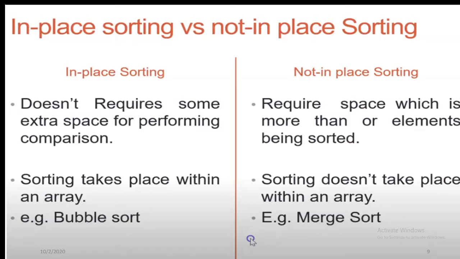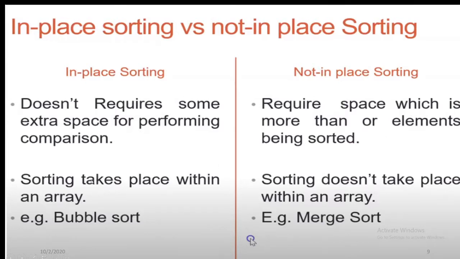This sorting depends on the space. As it is talking about place, it depends on the space. Such a technique may require extra space for comparison and temporary storage for a few data elements. Here are some points: in place sorting doesn't require extra space for performing comparison, while not in place sorting requires some extra space for the elements being sorted.